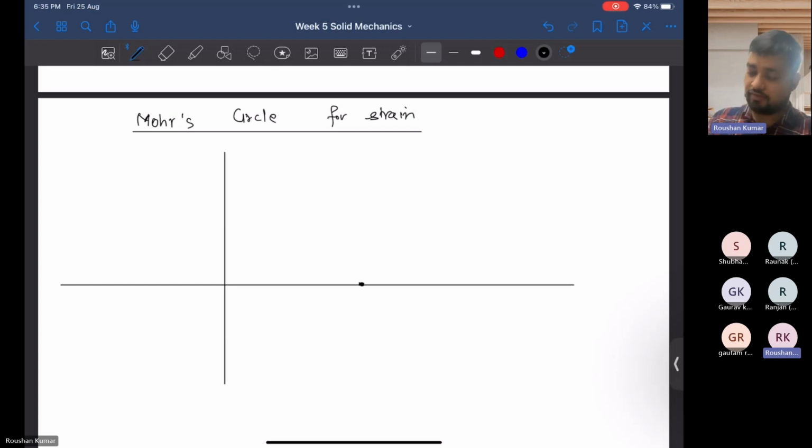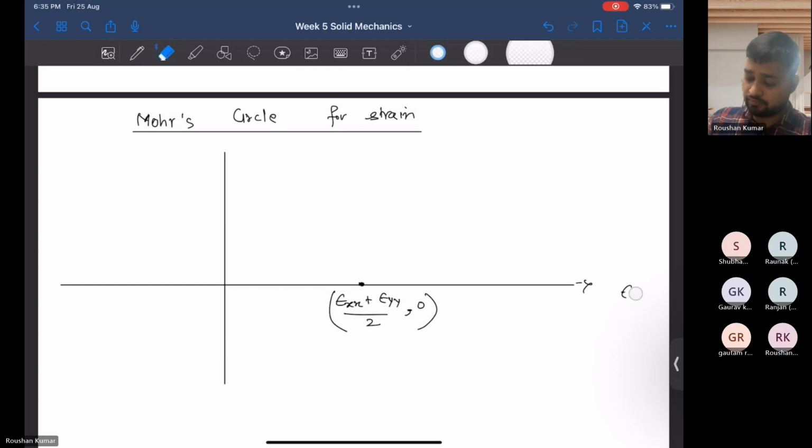So suppose the center is here. If we know the strain components, that is the normal and the shear strain, we can find the value of the center, that is epsilon xx plus epsilon yy upon 2. So this is the center, and along the x-axis we have normal strain and on the y-axis we have shear strain.